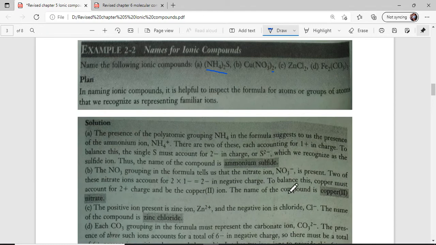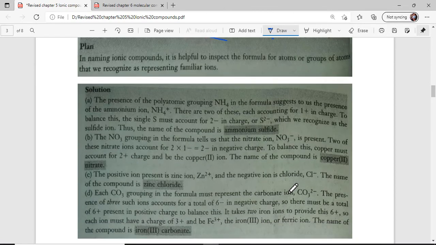Okay, therefore the name of your compound is copper, then open parenthesis, 2 nga Roman numeral, close parenthesis, and nitrate. Now, for the positive ion present, for example, your zinc na 2 plus and your negative ion which is your chloride, name the compound as zinc chloride lang. Simple as that. Okay, wala ka naman different ion charges for your zinc.